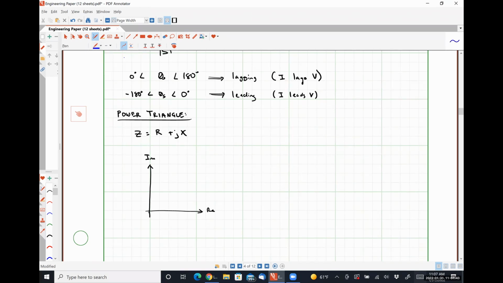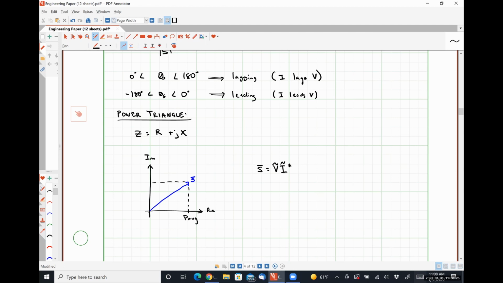And let's say that this two-dimensional vector, S, represents our complex power, where S is simply RMS phasor voltage V times the complex conjugate of RMS phasor current I. The projection of S onto the real axis is our average power.